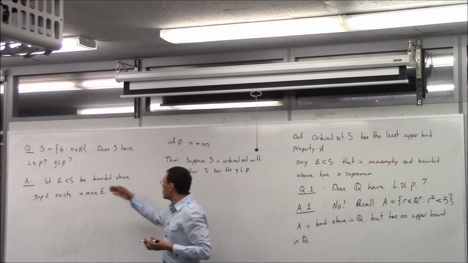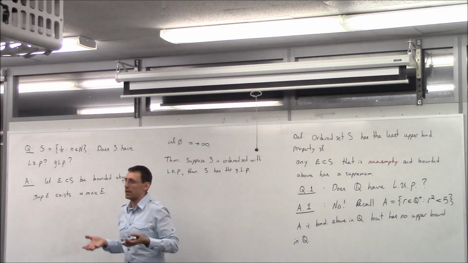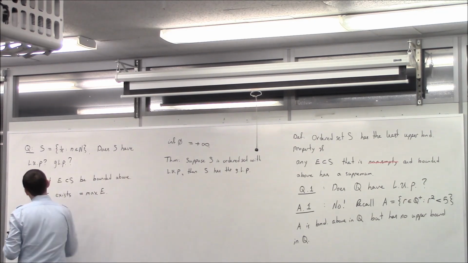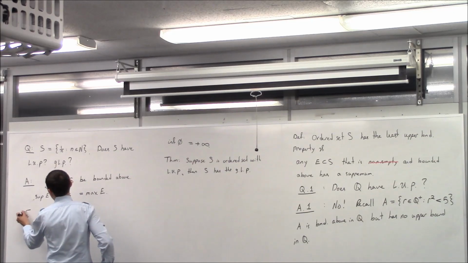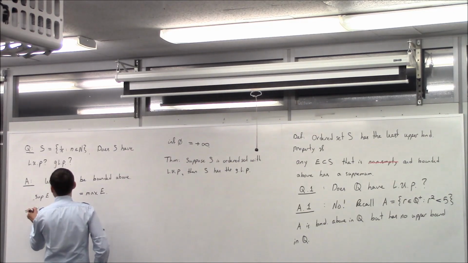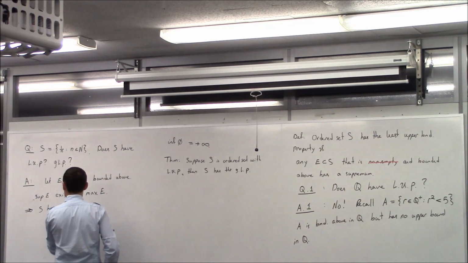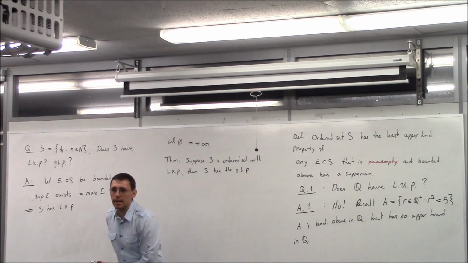But if you know that this is a subset of real numbers, if you know it's closed, there are many ways you can argue it, and probably you can argue it even without. But it exists, so that means S has the least upper bound property. Make sense? Q doesn't, but S does.